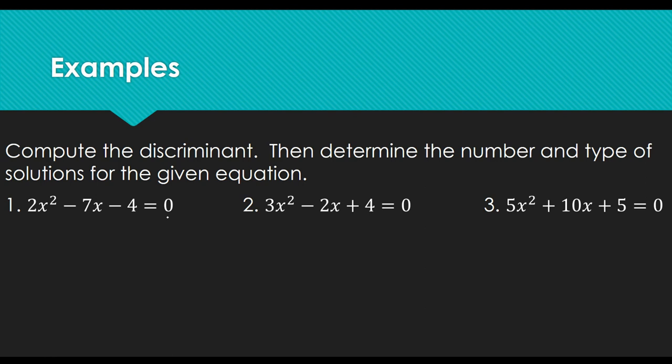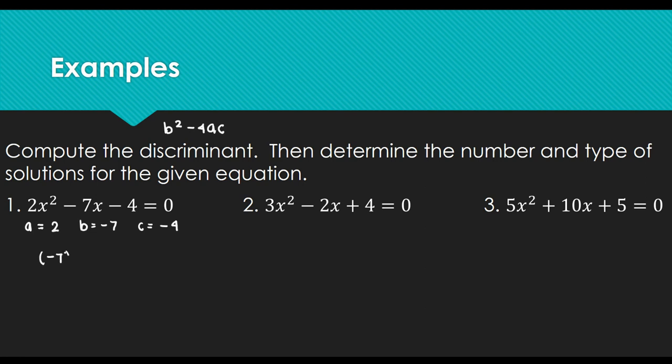When it's in general form, that means we can identify our A, B, and C very easily. In this case, A is 2, B is -7, and C is -4. All I needed to do to determine the discriminant is b squared minus 4ac.